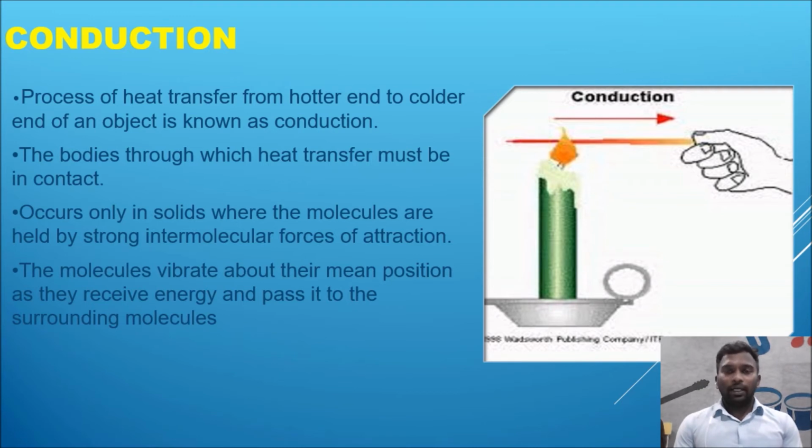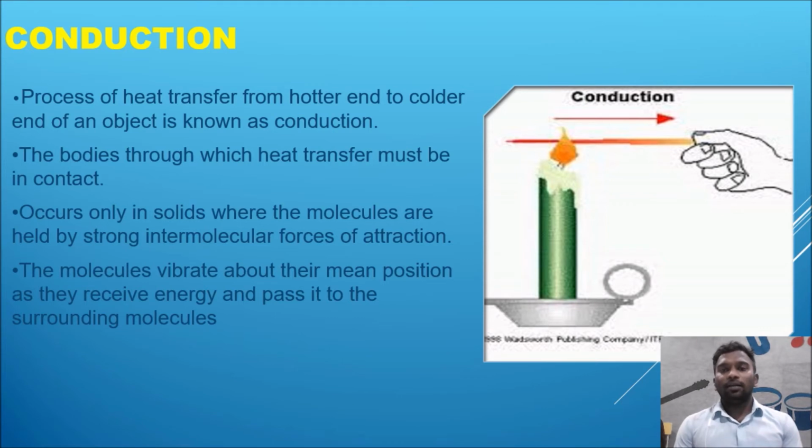What does conduction mean? When you touch a metal substance which is placed on a flame, after a few seconds or a few minutes, you can feel some heat. What happens to that substance when it is placed initially and after a few minutes?